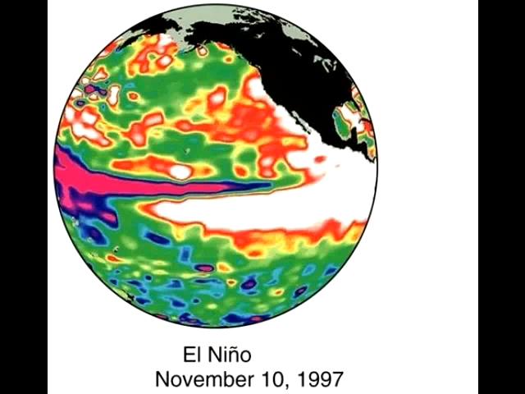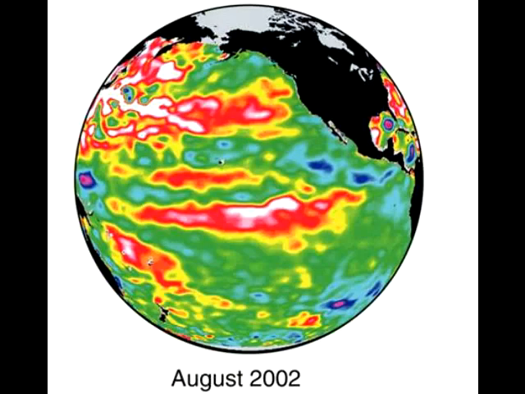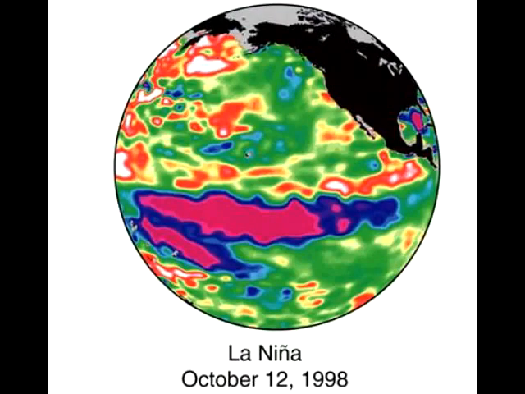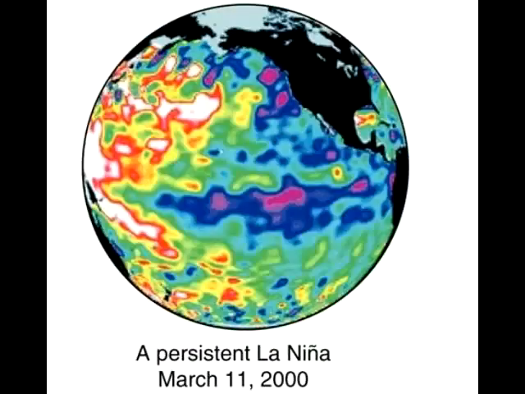Given that we can measure sea surface temperatures from satellites, all El Niño or La Niña events have been well documented in the last years. Notice the strong El Niño in 1997 or in 2002, or the La Niña of the year 1998 or 2000.